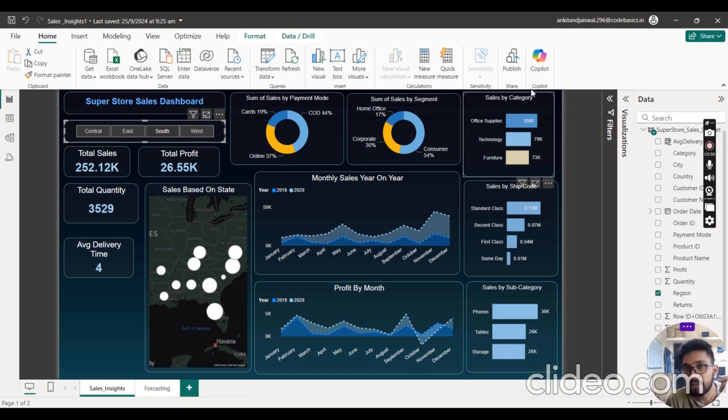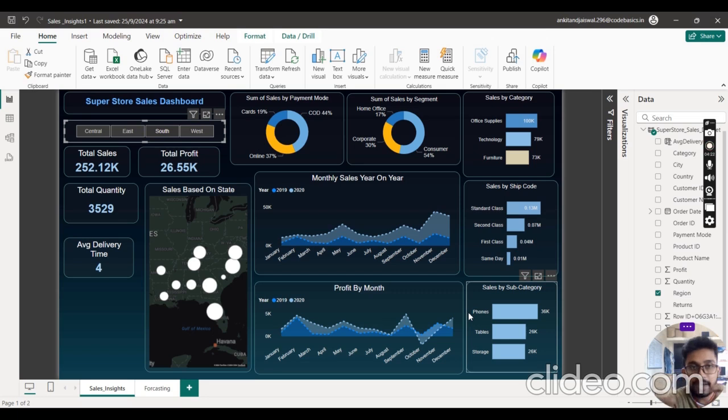Sales by category: this KPI shows that more office supplies have been shipped. Technology and furniture are less than office supplies for this particular region, that is south. Then sales by subcategory, like phones have been shipped too much, like people in the south are using phones too much.